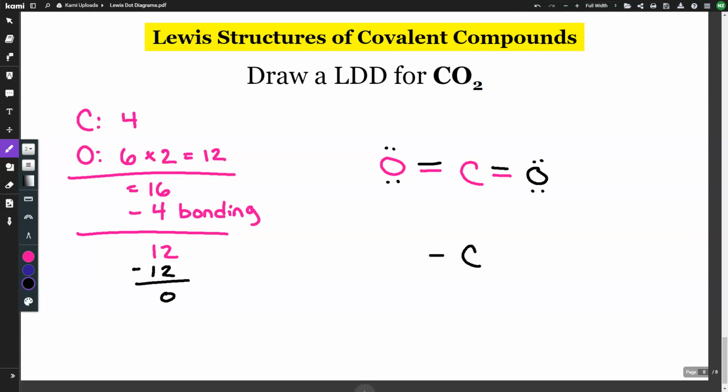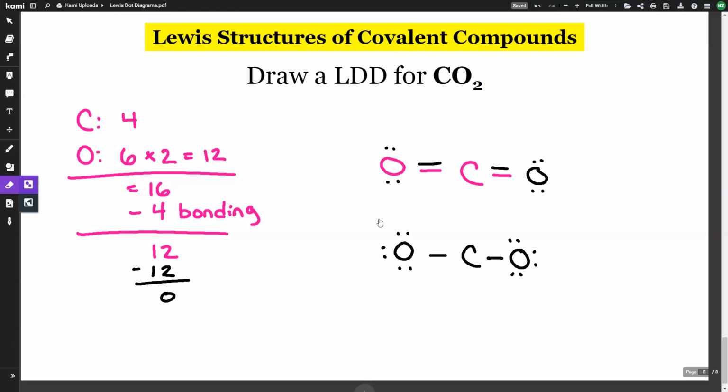Now I want to show you something else. So let's go back to what we had before. And it was like this. Okay, so here's another structure. What if, because carbon needs a total of 8, what if I had done this? What if I took 2 from this side?